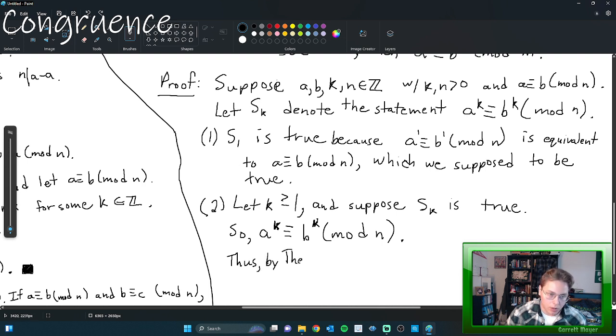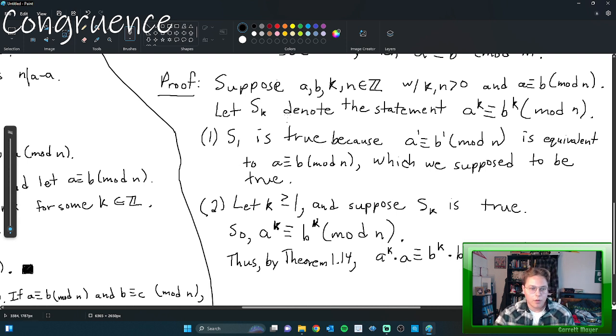A to the K times A is congruent to B to the K times B. And we know this because we know that A to the K is congruent to B to the K mod N. And we know that A is congruent to B mod N. And remember, the product of two congruent numbers are also congruent.